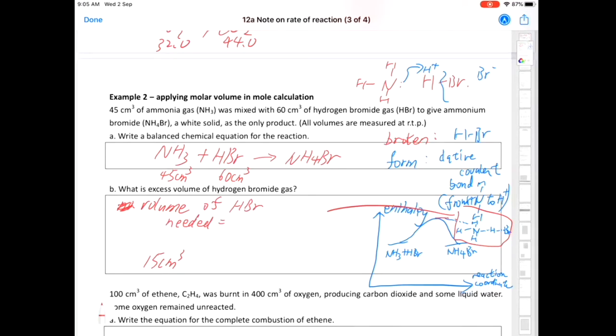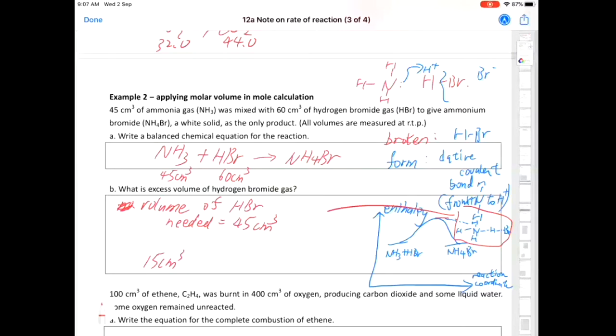Why can I establish this first step? Why can I write it directly? I actually did the mole calculation behind the scenes, so why does it work? They have the same ratio. What is meant by the same ratio? Usually when we calculate moles, we use the mole ratio. But this time, because the molar volume is the same, we can directly equate the mole ratio to the volume ratio for them to react.